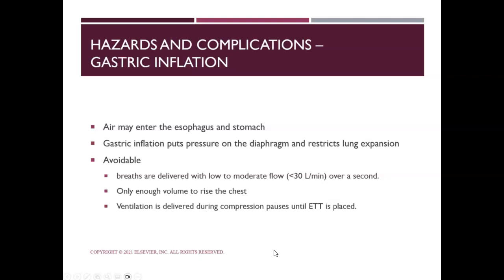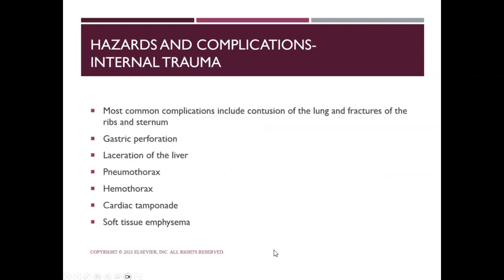Okay. If somebody's pushing on the chest as you're trying to squeeze that bag, that air is not going to go into the lungs. So you need to wait until they pause those compressions after 30 compressions, do your 2 breaths, and then resume. They can resume compressions, and you're going to do your 2 breaths after another 30 compressions. That is until that ET tube is placed.